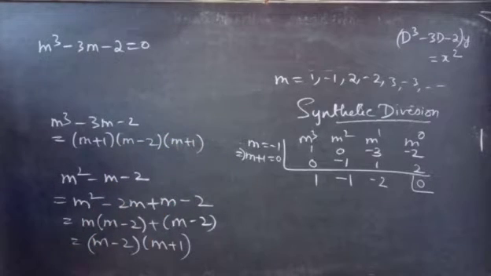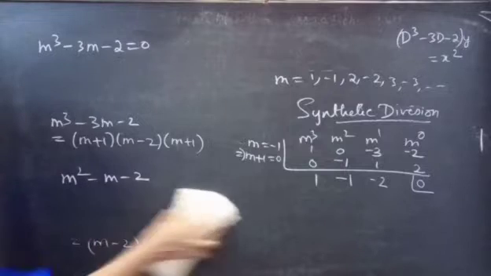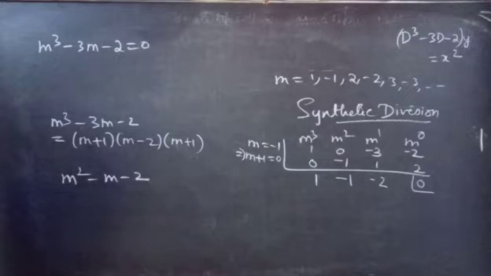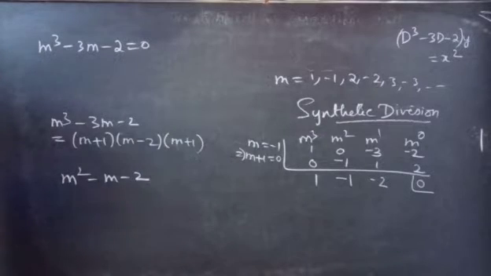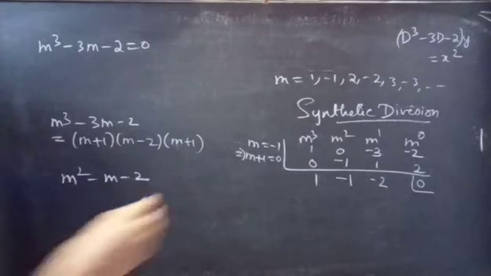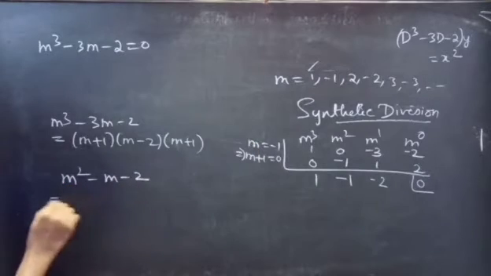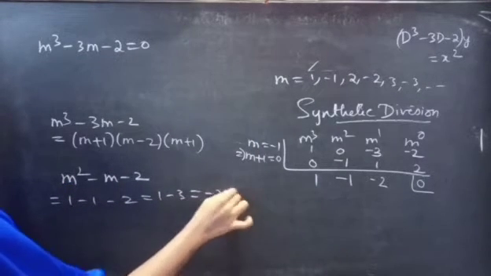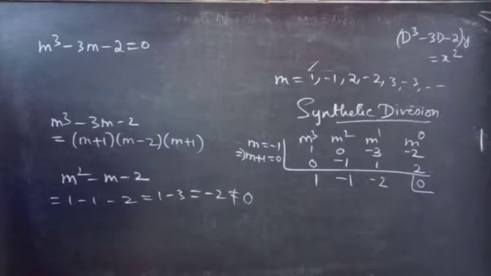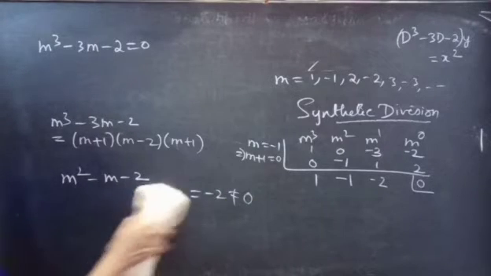Or see which m satisfies this polynomial. Try for 1. We'll get 1 minus 1 minus 2, which is 1 minus 3 equals minus 2, non-zero. So m equals 1 does not satisfy this polynomial.